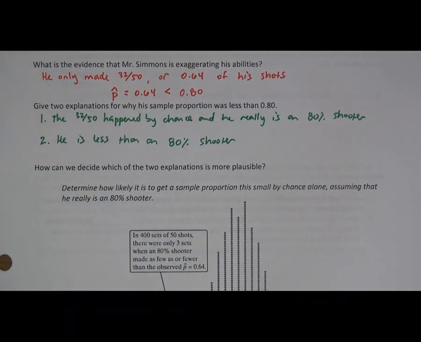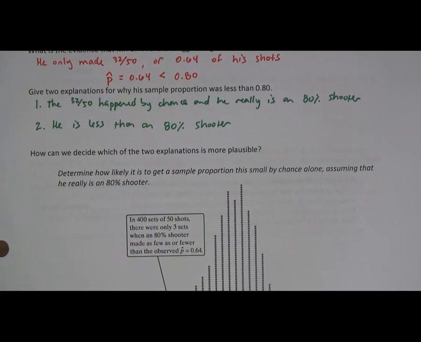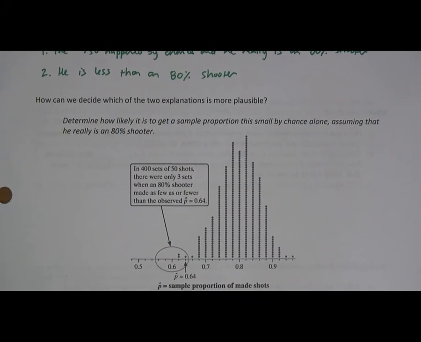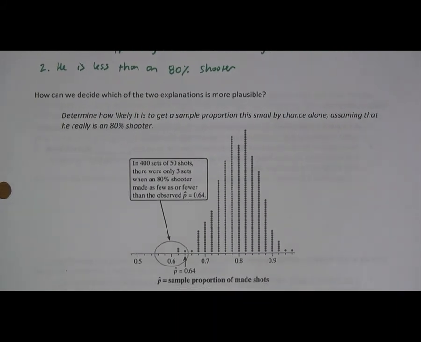Either he just got unlucky, or he really is not that good. How can we decide which of these two explanations is more plausible? Instead of having him stand at the free throw line and shoot baskets for 5 days, we can have the computer simulate those 50 shots that he took and see how likely it is that out of 50 shots you would only make 32 of them.